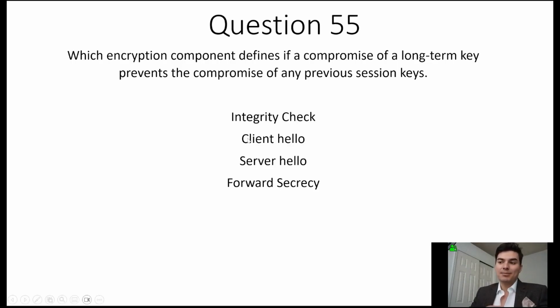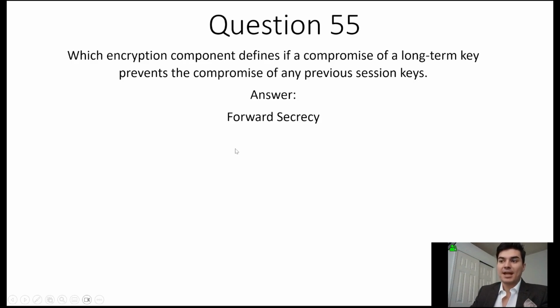When it's trying to set up the transport layer security, the device sends out a client hello, and then the server side sends out a server hello. I do want to clarify that is different than the TCP connection, where it's sending the send, acknowledge, and this is specifically for security purposes of the TLS connection. And so the answer is forward secrecy.